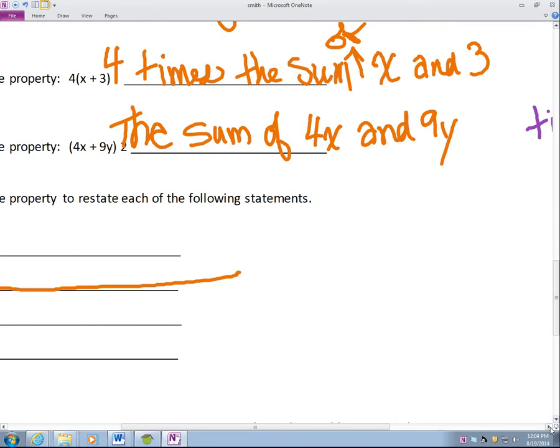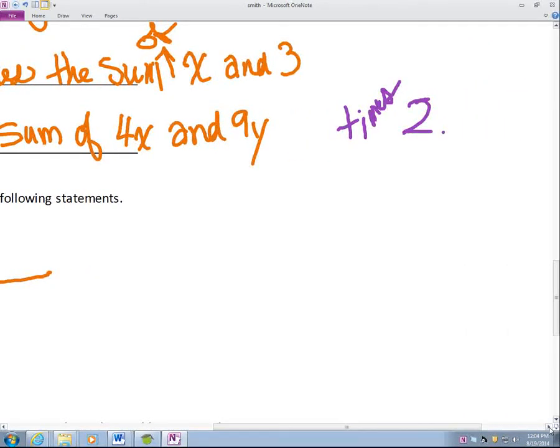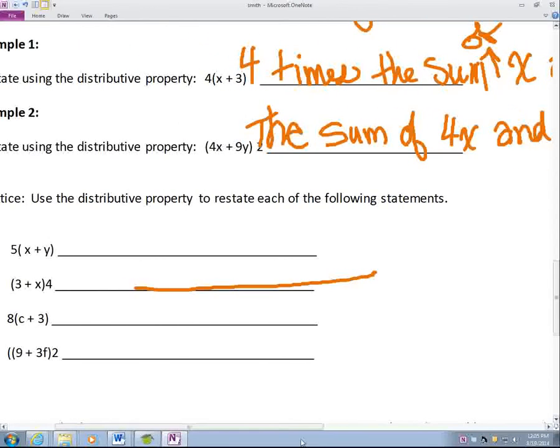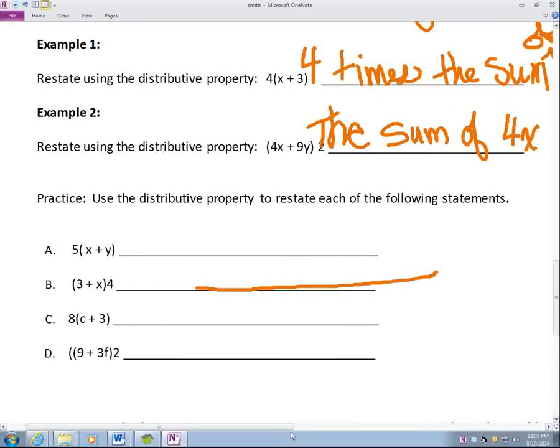No, you have to add times 2. Last period we used purple. The sum of 4x and 9y times 2.